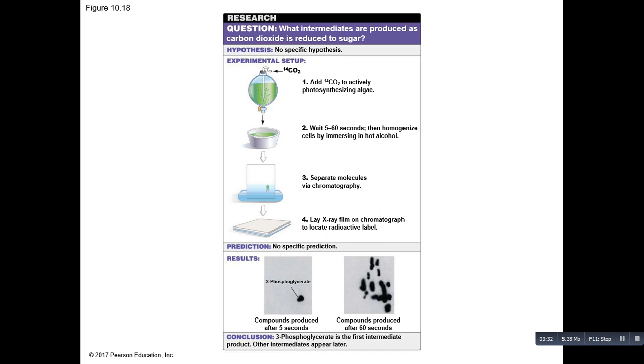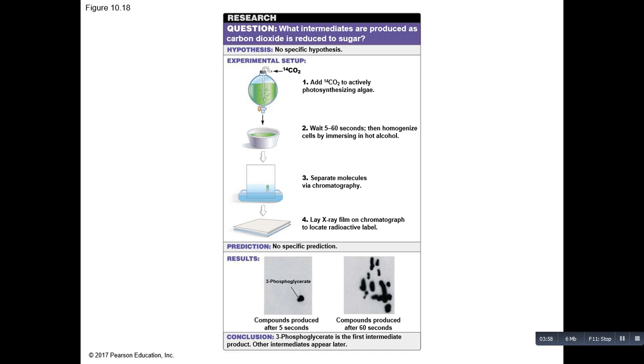Now this is actually one of the intermediates in glycolysis. So it makes sense that we would also find it in the Calvin cycle of photosynthesis. So what they concluded is that this was actually the first intermediate product, and then other intermediate products appear later, none of which we're really going to cover in detail.